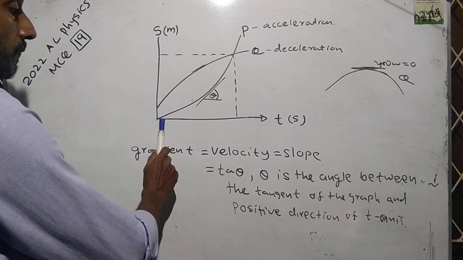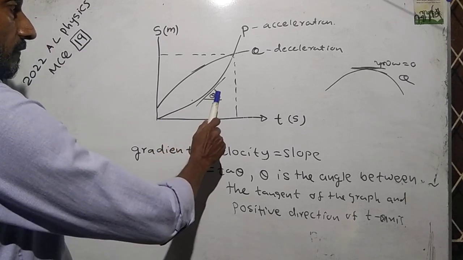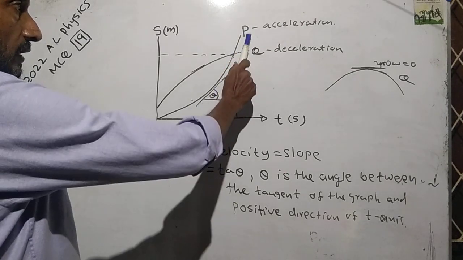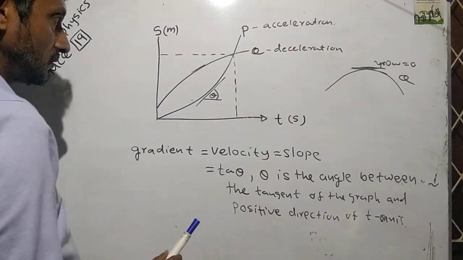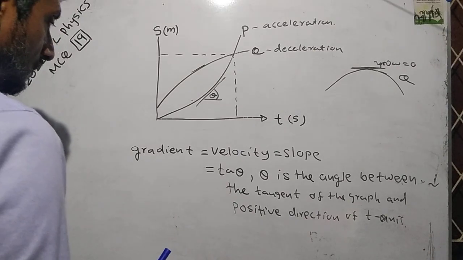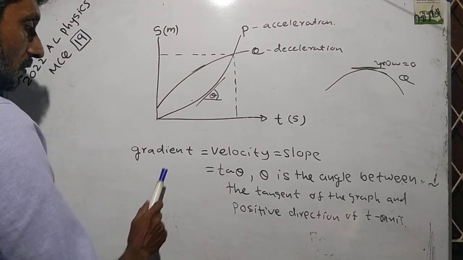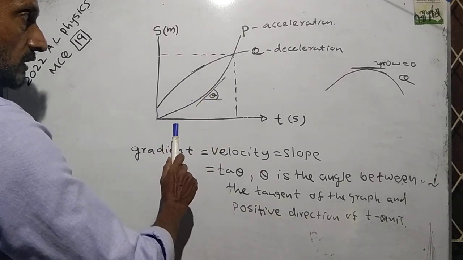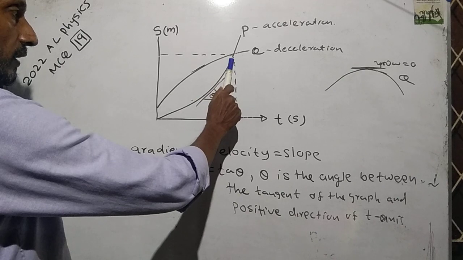The slope or gradient of the P graph increases. Therefore, P is accelerating. And they do not have the same velocity at the crossing point.